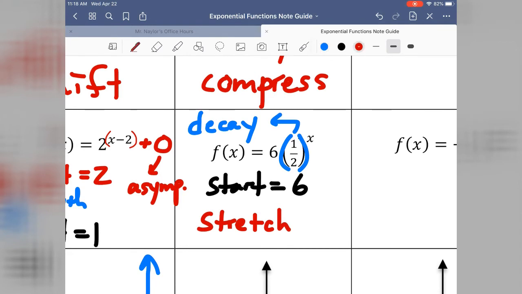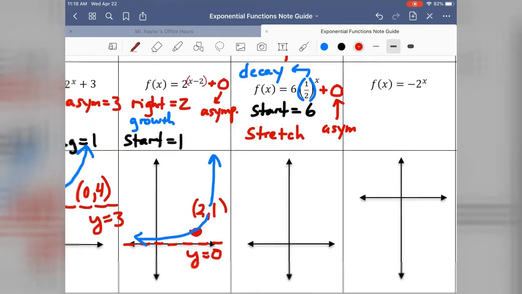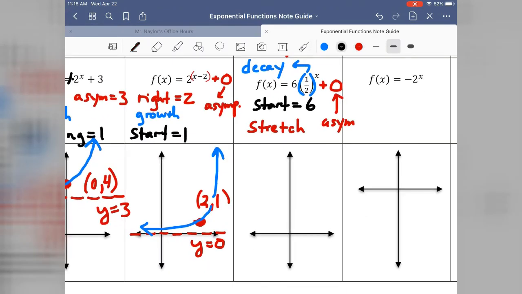Now, there's no other numbers added or subtracted, so we don't have any shifting. So we want to make sure we understand that the asymptote is still going to stay at 0, and we can use that as we come up with our final graph. So the graph starts at 6. It actually turns out that it not only starts at 6, but it stays at 6 because there's no more shifting.